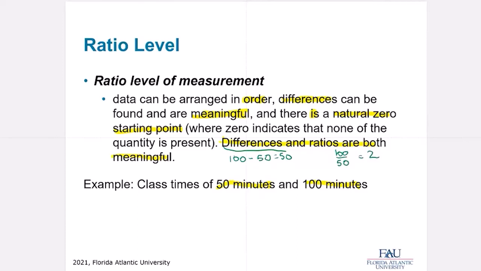That this class, the 100-minute class, is twice as long as the 50-minute class. And that has meaning. When you have ratio level, it means you actually have very nice quantitative data.